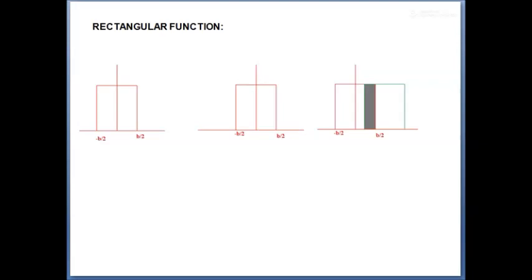Now take the rectangular function. This is a rectangular function f(x), this is another rectangular function g(x), and if you shift g(x) to the right hand side between the limits minus b by 2 to plus b by 2, you get the effect of this convolution, that is the common region at this portion. Now this convolution function can be calculated in terms of Fourier transformation.